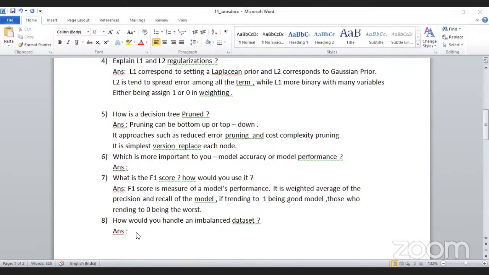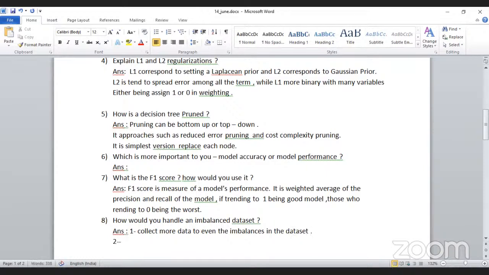How would you handle an imbalanced data set? So what is the first step we can do? We can collect more data to even out the imbalance in the data set.